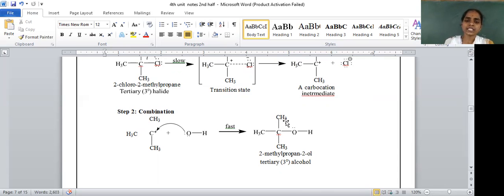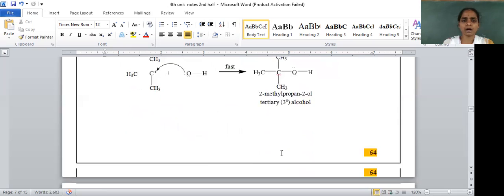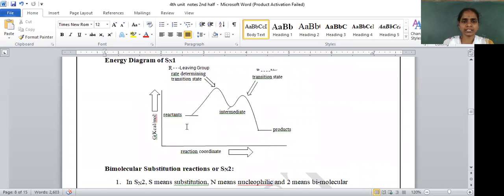This forms the product 2-methyl propan-2-ol, which is a tertiary alcohol.